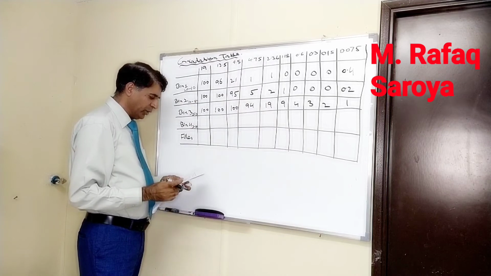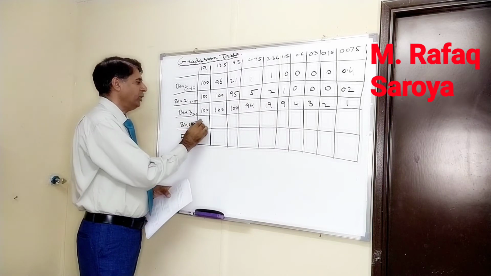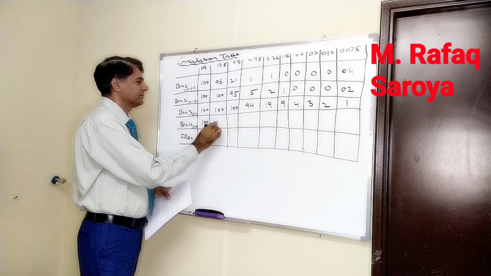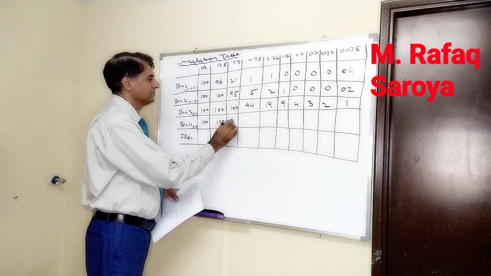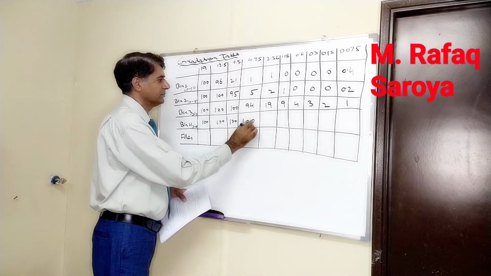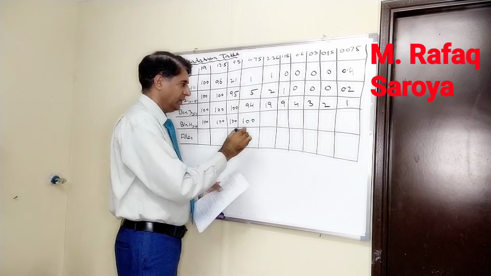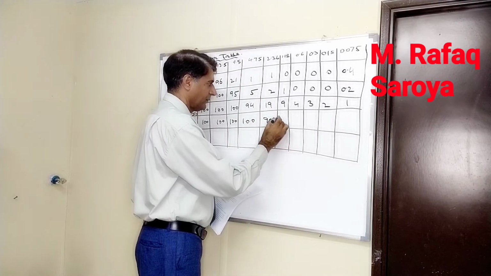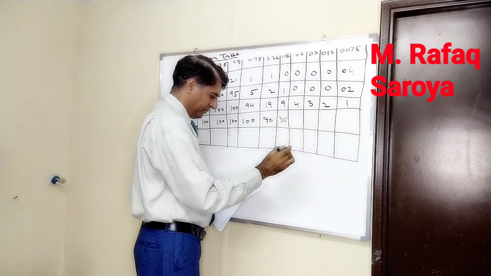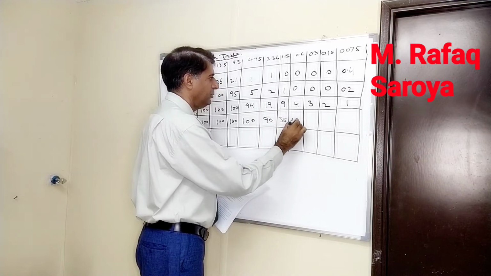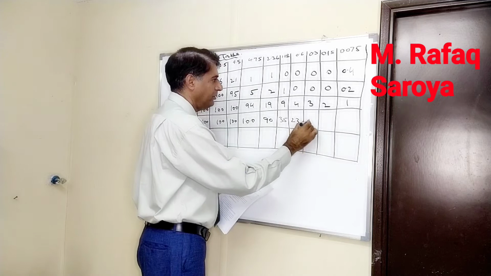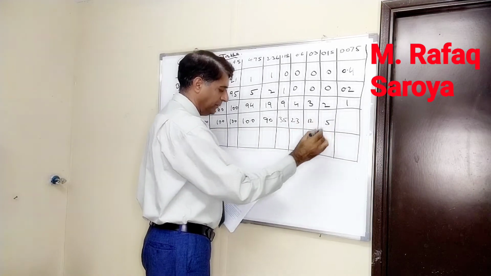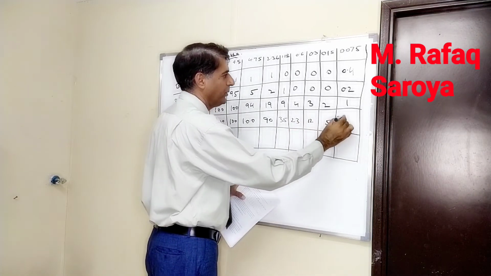Now for bin number 4, which is a 3 mm down material, 90% material is passing, 35, 23, 12, 5 and 4.4.